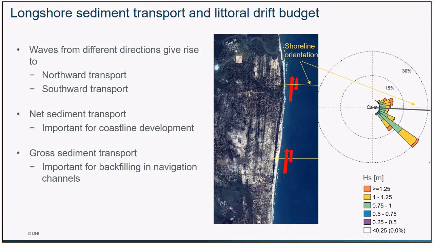Another important notion is the gross sediment transport, which doesn't take into consideration the direction of the transport, but is simply the absolute sum of the two contributions. It is an estimation of the total transport that occurs at a specific location. There are some locations where the net sediment transport is very close to zero, but with very high gross transport.